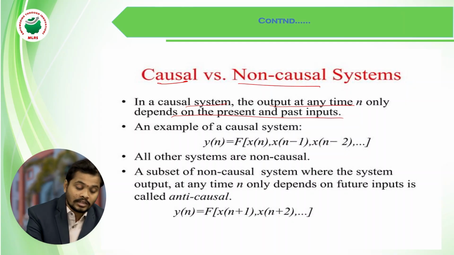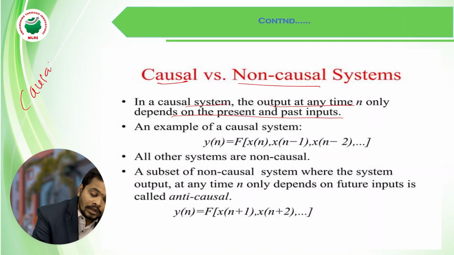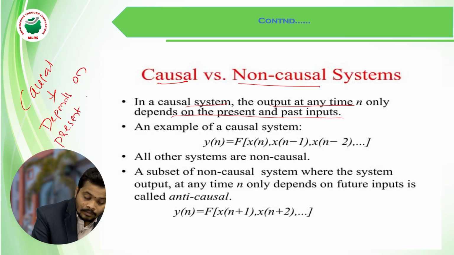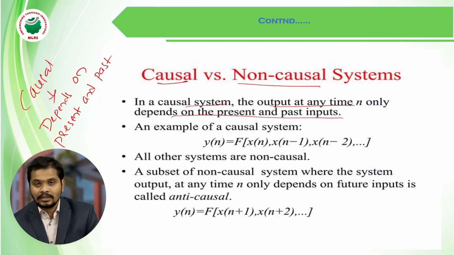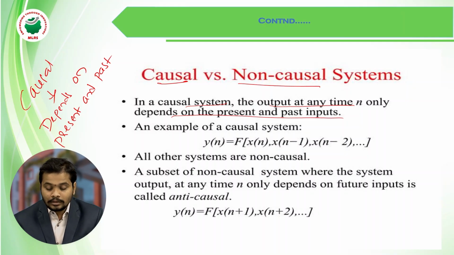Listen carefully here. A causal system depends only on present and past inputs. Then the system is a causal system. All other systems are non-causal.